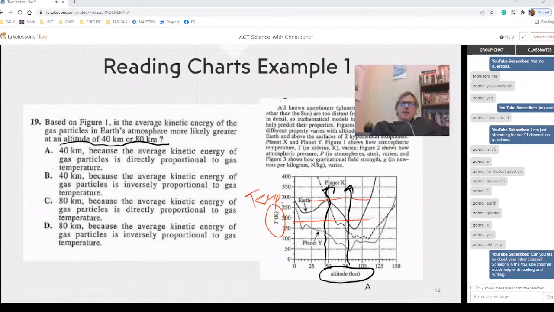So Earth has a higher temperature at 40 kilometers. If it has a higher temperature, that means it has more kinetic energy. So 40 kilometers, because the average kinetic energy of gas particles is directly proportional. Directly proportional means as temperature goes up, the kinetic energy goes up. So the answer would be A.